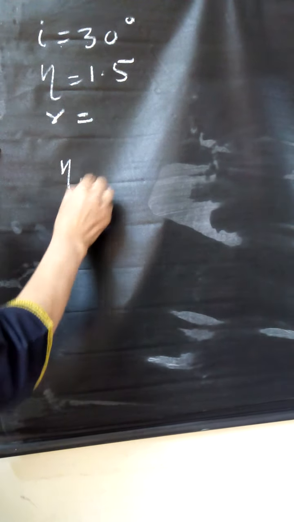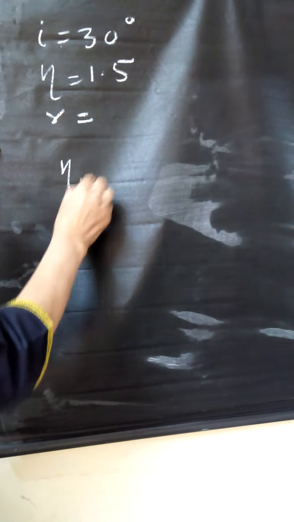Again use the same formula, eta is equal to sin I by sin R. Put the values of I and eta. So 1.5 is equal to sin 30 divided by sin R. You are supposed to calculate R. So take this on this side, 1.5 on this side.